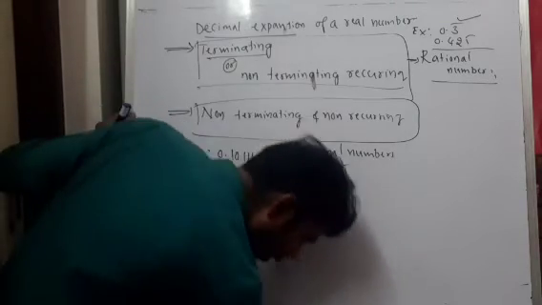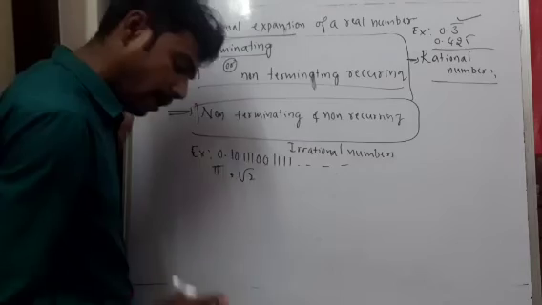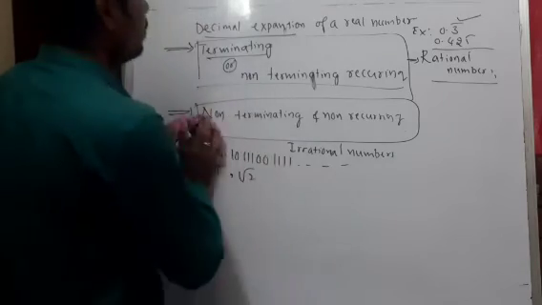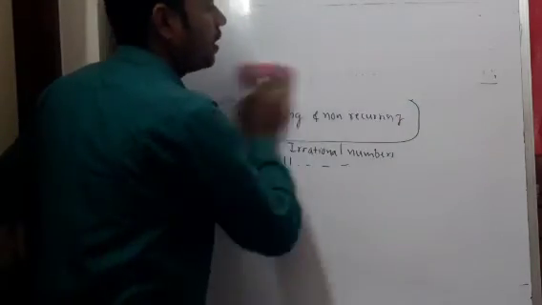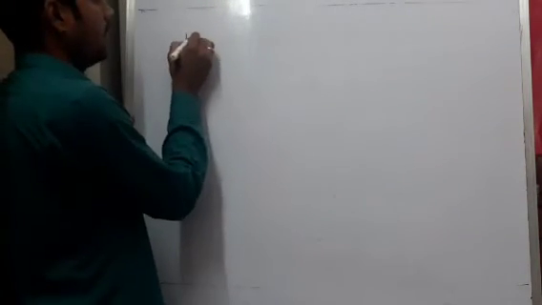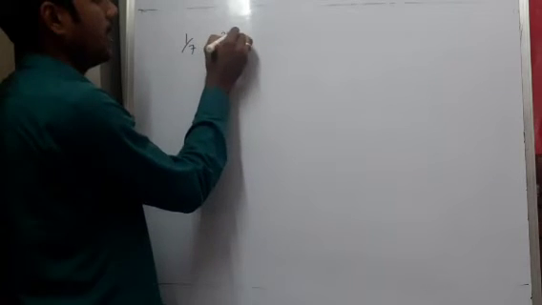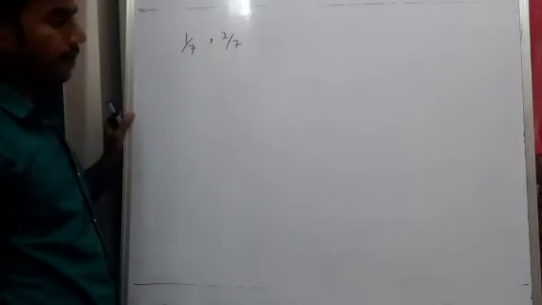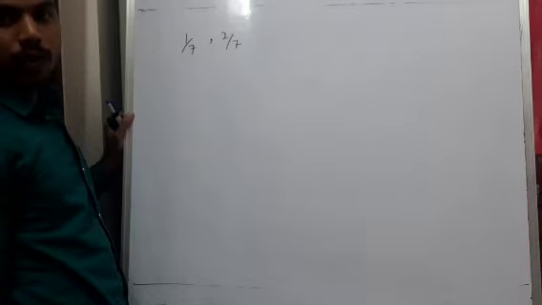Now, find the irrational numbers between 1/7 and 2/7. How are we going to find them?